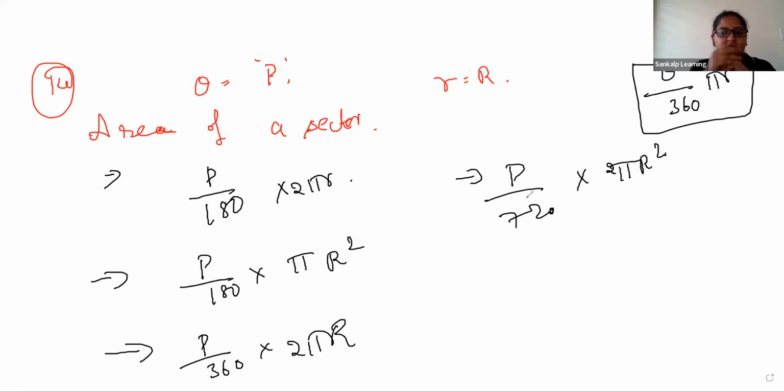So you have to check only 2 options, right? Because I have already written pi r square. In 2 options there is 2 pi r, so we know that does not fit. So check with the second and fourth. Tell me which is the right answer. Here there is 180, there is 720. You can multiply or divide, you can do anything. But we have to get this answer. Check what to do to get it, and tell me. Which is the right option?